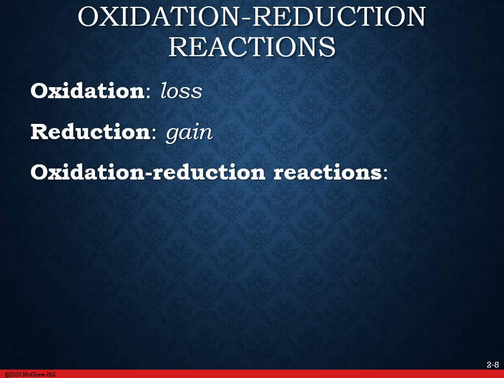What I mean by that is if one loses an electron, at the same time, there has to be a gain of that electron by another. So if I lose an electron, at the same time, you would gain that electron. That's an oxidation reduction reaction.